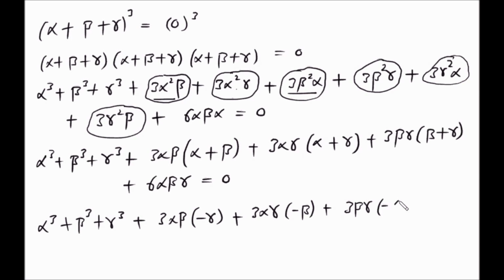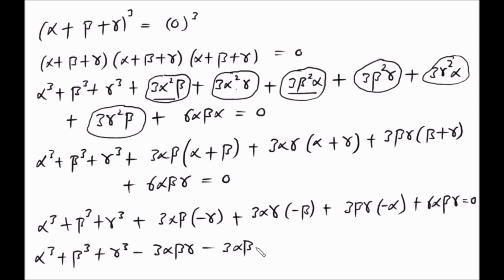Beta plus gamma tumesema ni negative alpha, jumlisha 6 alpha beta gamma sawa na 0. So itakuwaje? Itakuwa ni alpha cube plus beta cube plus gamma cube minus 3 alpha beta gamma minus again 3 alpha beta gamma minus again 3 alpha beta gamma jumlisha 6 alpha beta gamma sawa na 0.